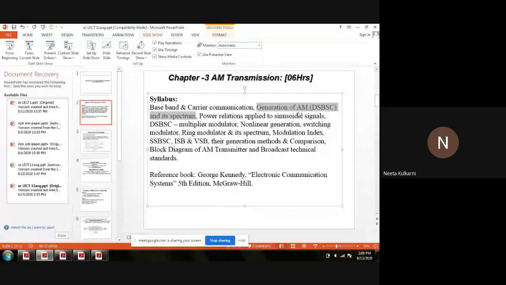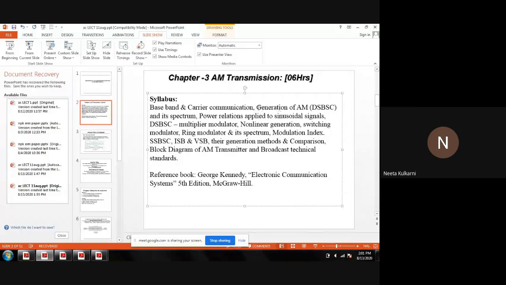Don't look at DSBSC now, I will tell you later. Many times AM is also called DSBSC, because the form of AM that we use for most practicals is nothing but DSBSC. Now we are going to see how the AM signal is generated. That means we are going to see the mathematical equation of AM and the frequency spectrum of the AM signal. Those are the points we are going to consider now.